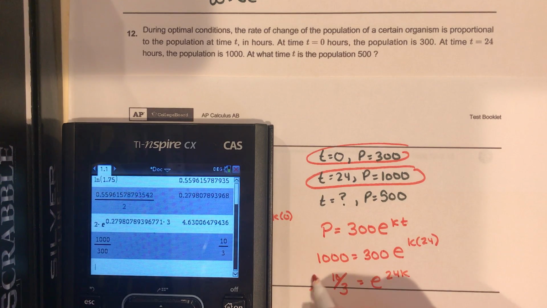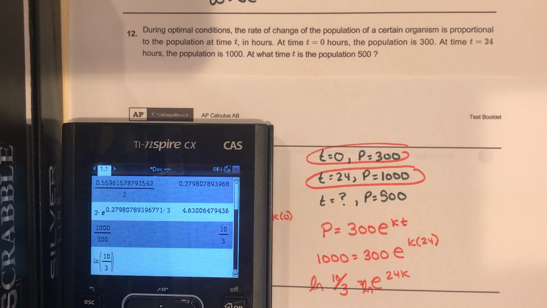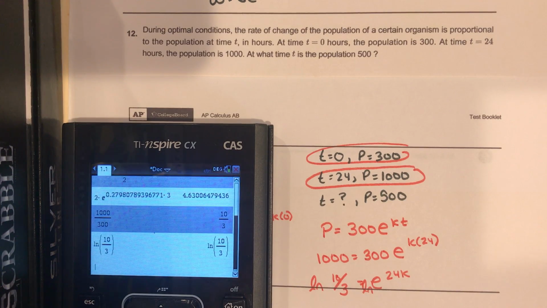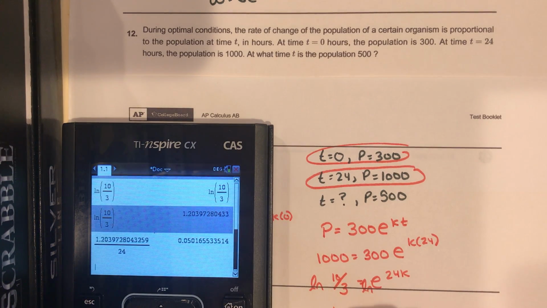Then I'm going to do ln to both sides. So I'm going to type that in my calculator. So I get a decimal. I'm going to divide that by 24, so that'll give me k. k would be 0.050.